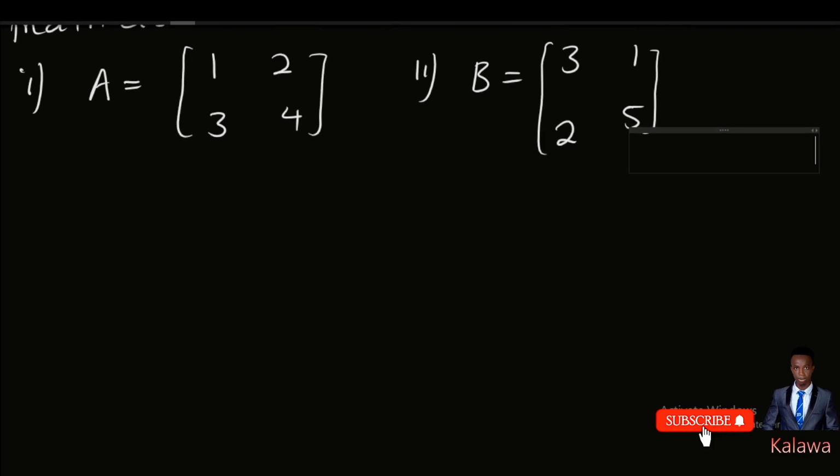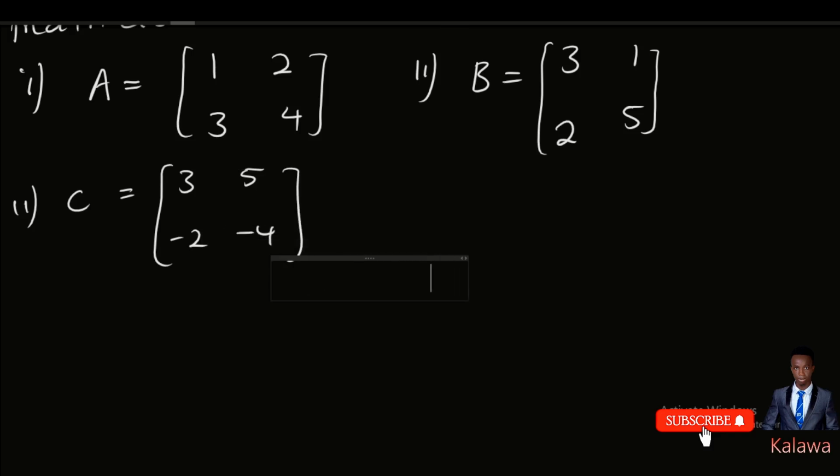Then on figure 3, C matrix is going to be 3, 5, minus 2, minus 4.